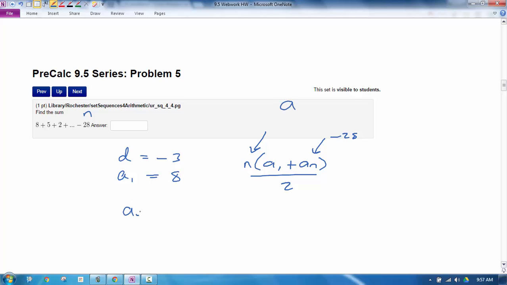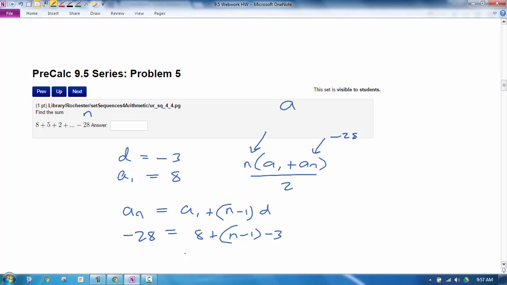To do that, we're going to write the formula for the sequence, which is a sub n, first term plus n minus 1 times the common difference. The first term is 8. The common difference is we're subtracting 3. And we know that a sub n in this case is -28. So we're going to put in -28 right here. And we're going to solve for n.